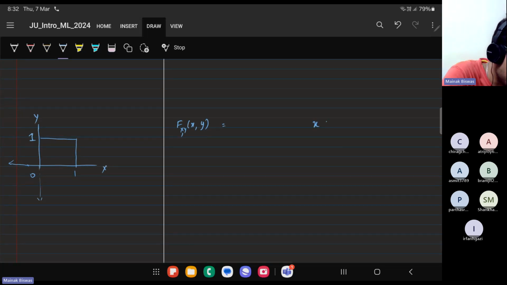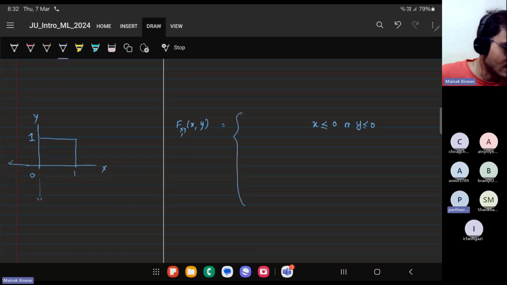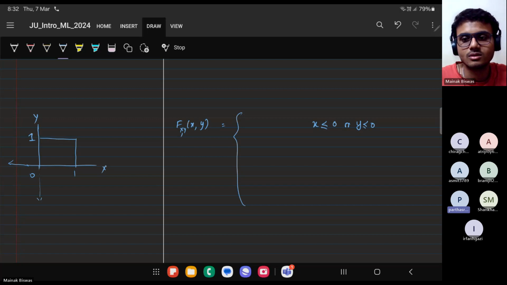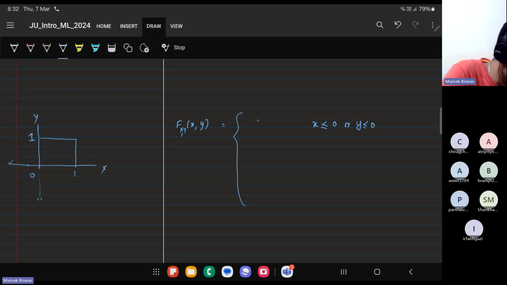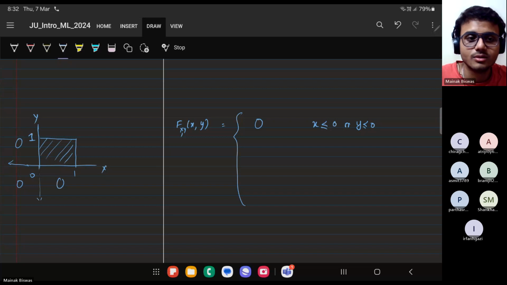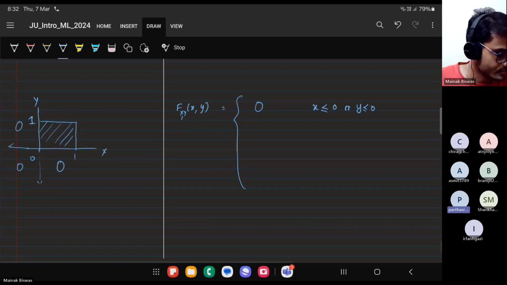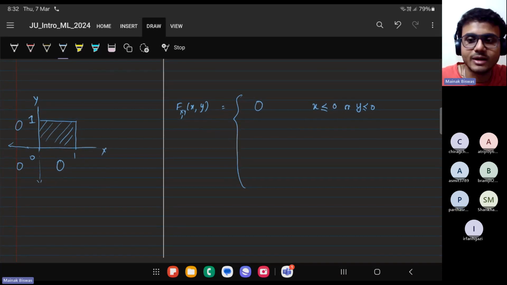Let x be less than 0 or y be less than 0. Then what would the CDF be? 0. Why will it be 0? I will tell you to prove it. So the CDF of these parts is 0, agreed? There is no area of the graph over there, that's why it is 0.